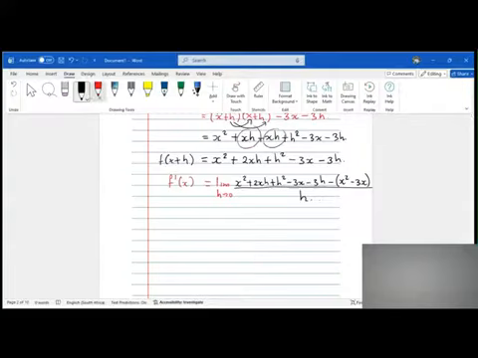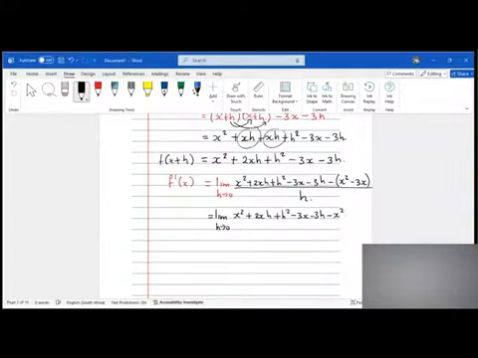So I'll say this is equal to the limit as h tends to 0 of x squared plus 2xh plus h squared, minus 3x, minus 3h, then I can multiply the bracket out, it becomes minus x squared, then plus 3x, then this over h.